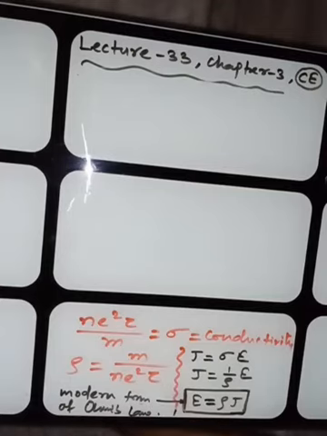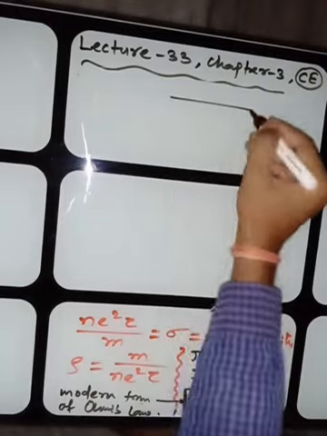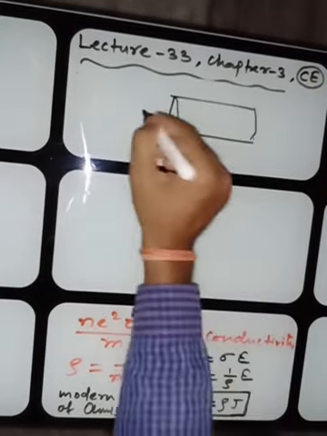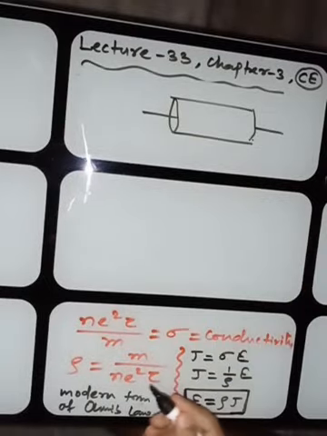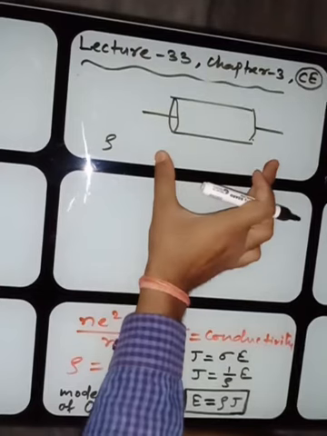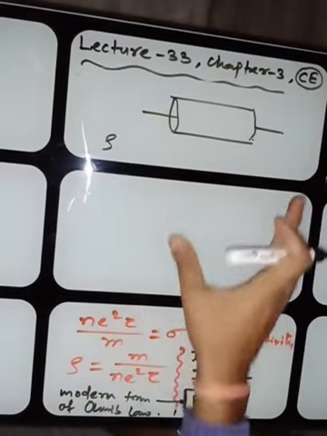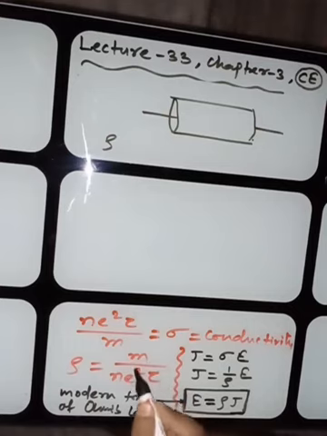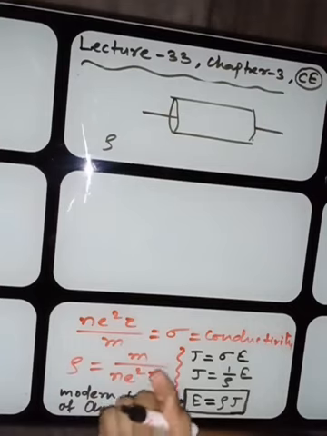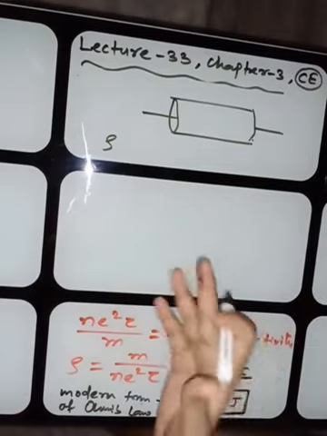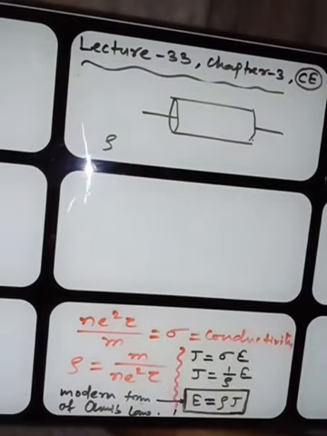This is a very important discussion, try to be focused. If this is a conductor, then rho is not going to be changed by the length. If you increase the length, m will not change. This is the mass of an individual electron, and by increasing the length you cannot change it.